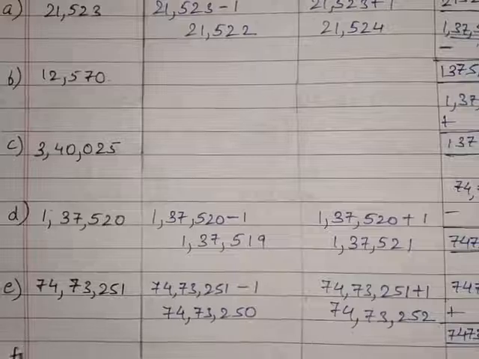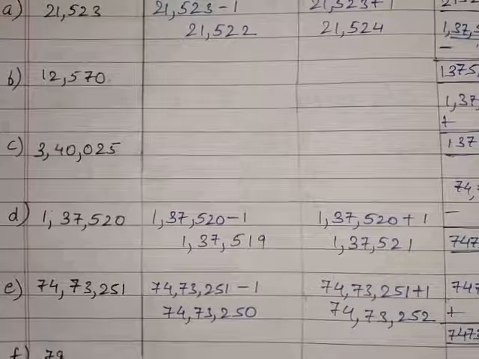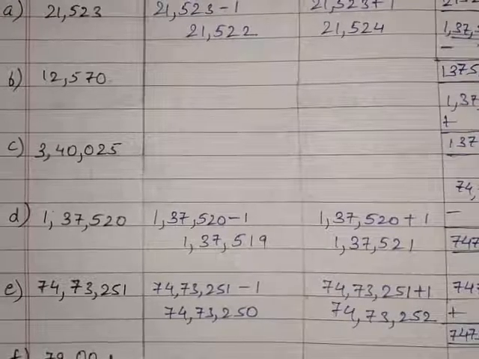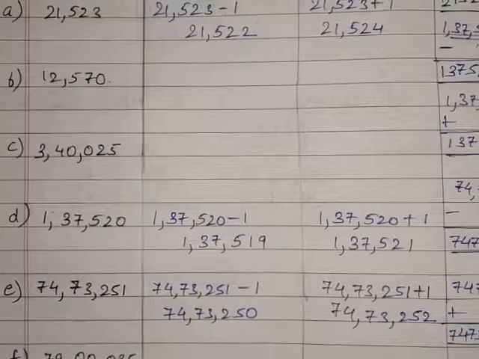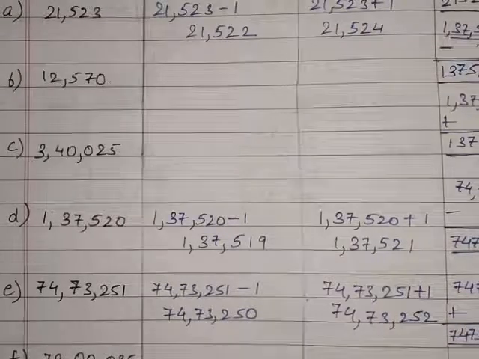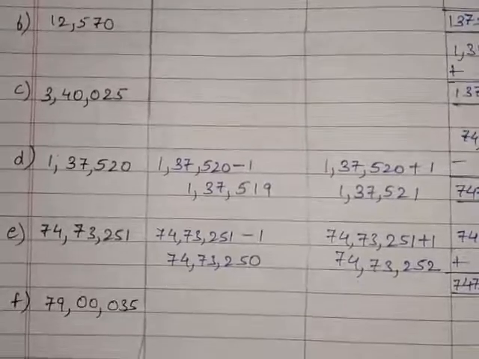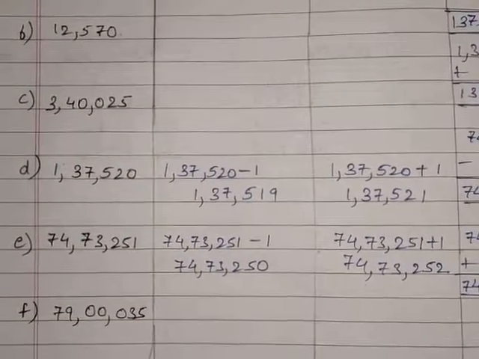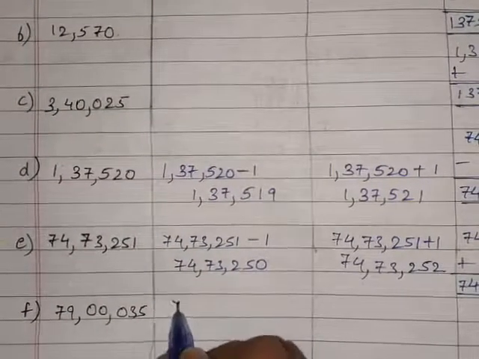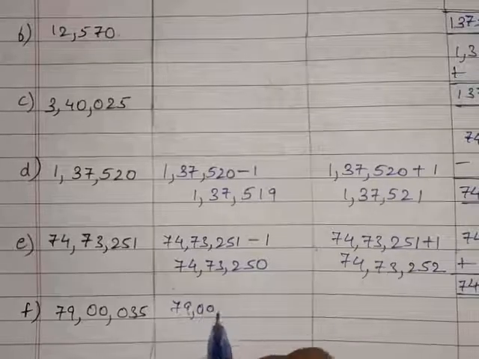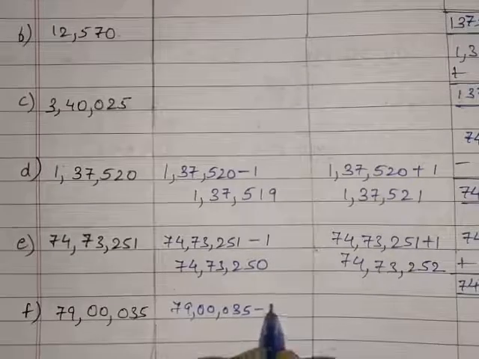F question is given 79,35. Now what is the predecessor of the given number? How do we get it? By subtracting 1 from the given number. See, what will we do? 79 lakh 35 minus 1.